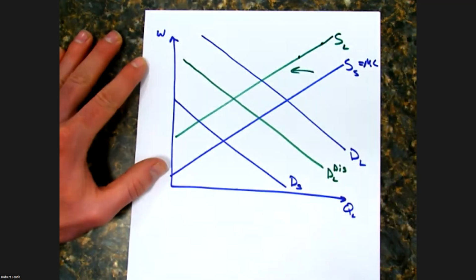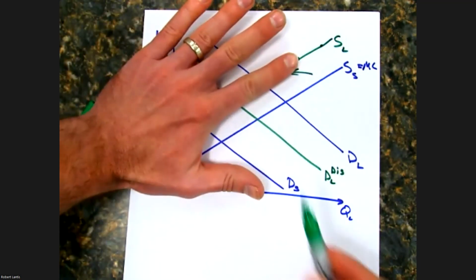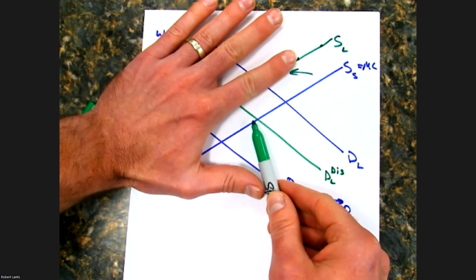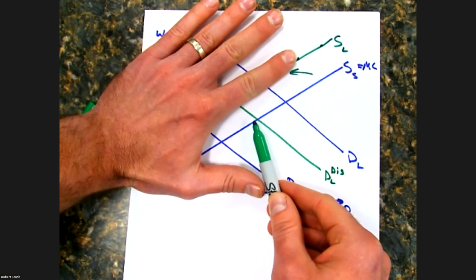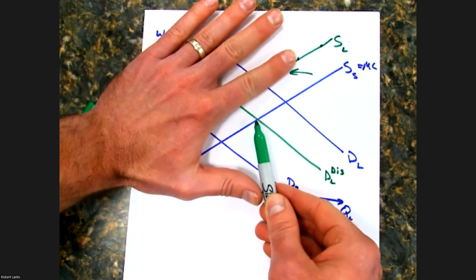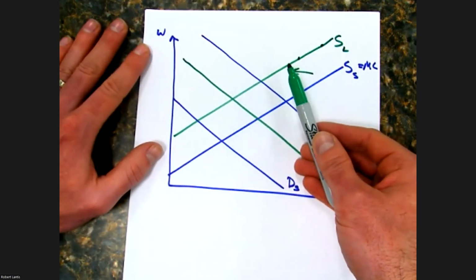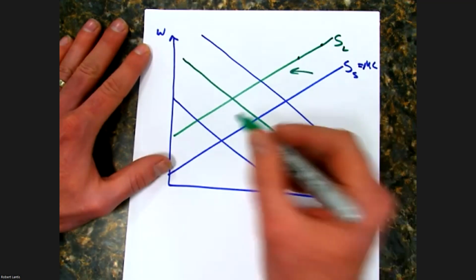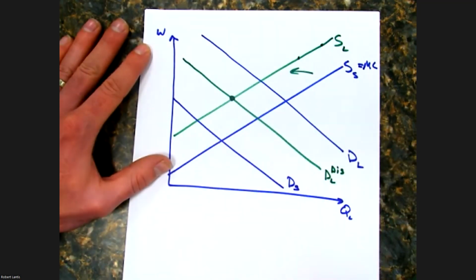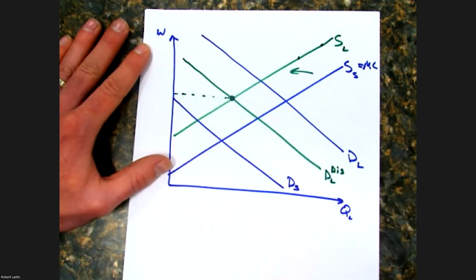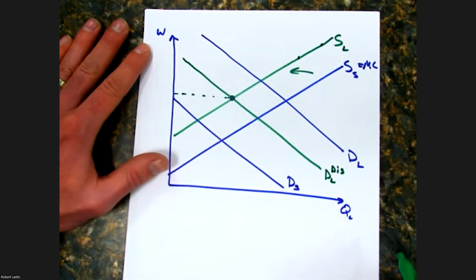So what's kind of interesting is if we didn't have workers reacting, then yeah, on these large market teams they'll be willing to accept these lower wages, and we see fewer of them on that team. But if they respond by providing less labor, they won't accept these lower wages. Notice now, in order to end up on a large market team, the large market team is going to have to offer them a higher wage, right?